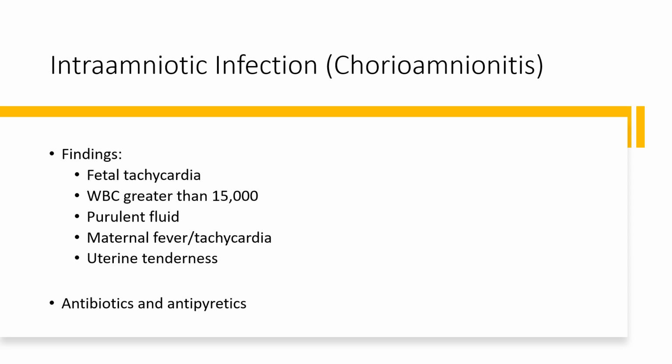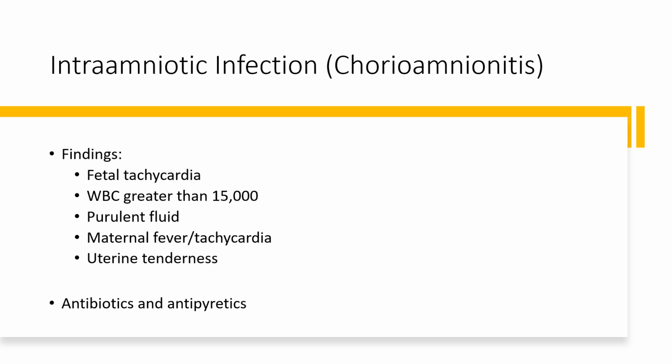Okay, our next thing is an intraamniotic infection. This used to be called chorioamnionitis, okay? But now they kind of broaden the term to an intraamniotic infection, an infection that's within the amniotic area. Common findings with these patients is fetal tachycardia, okay, so greater than that 160.